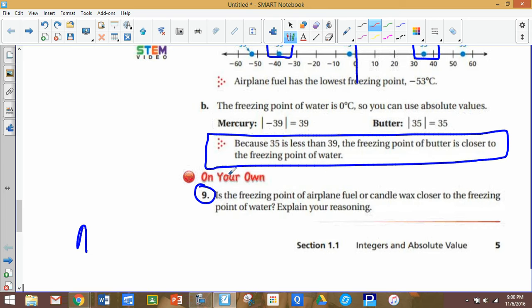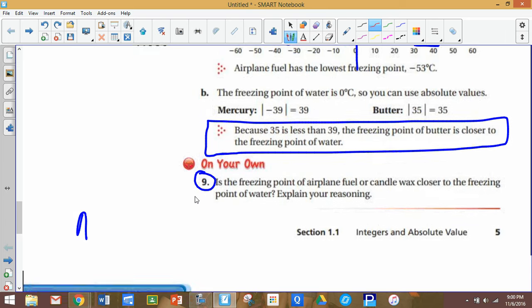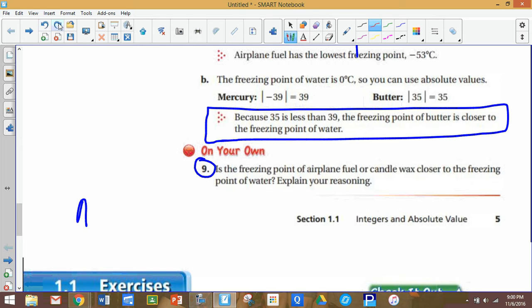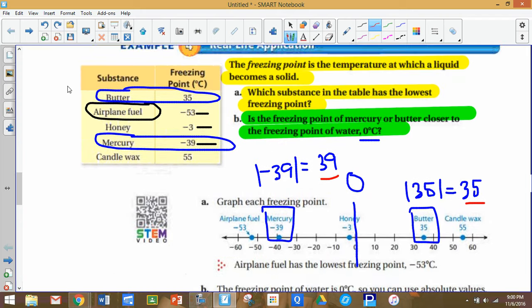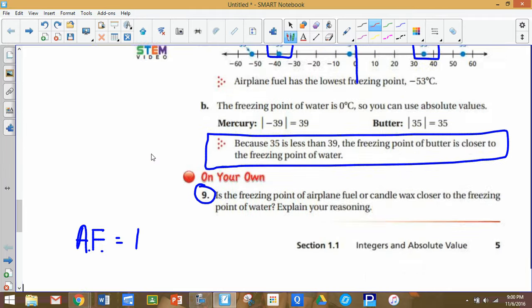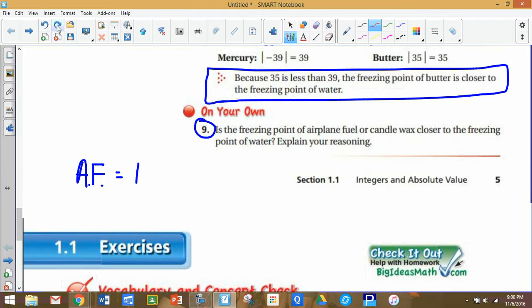Okay, I'd like you to try number 9 on your own. Pause your computer and do number 9 on your own, and then come back. Is the freezing point of airplane fuel or candle wax closer to the freezing point of water? Well, airplane fuel has a freezing point of negative 53, so we need the absolute value of negative 53.